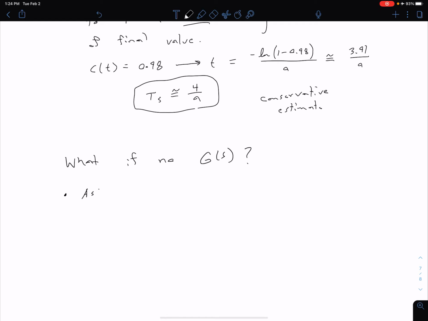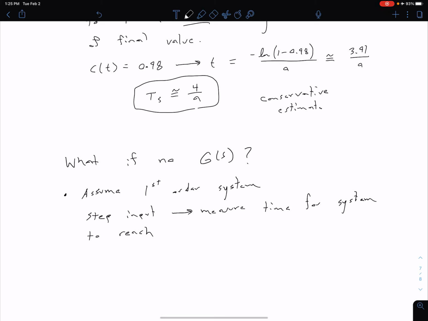What we could do is make an assumption that it's a first order system. And then we could give it a step input, and measure the time for the system to reach 63% of its final value.